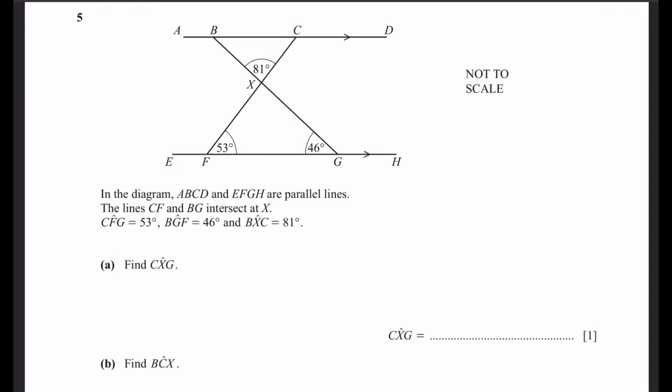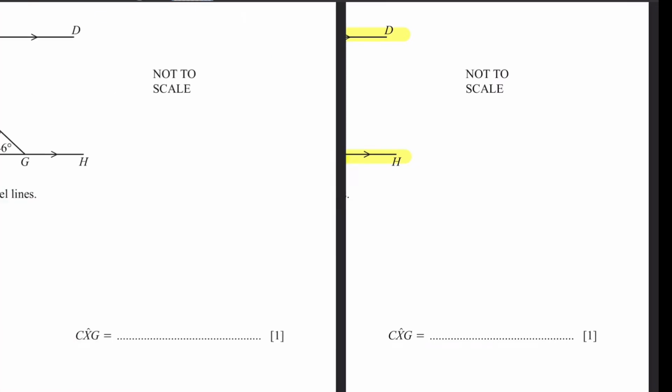5. This line is parallel to EFGH, and these two lines, I mean BG and FC, intersect.